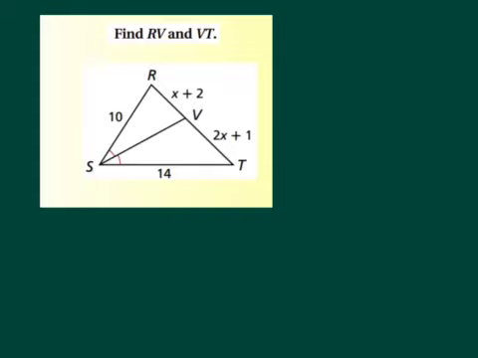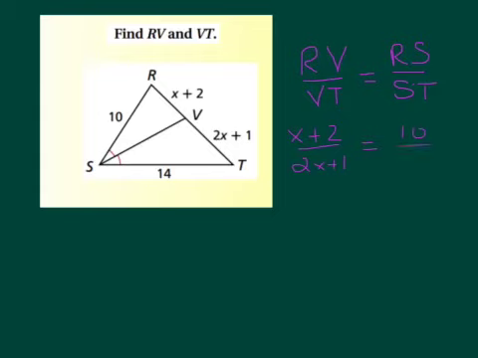We have RV over VT is proportionate to RS over ST by the triangle angle bisector theorem. So let's go ahead and plug in the lengths for each of these segments. So RV is x plus 2, VT is 2x plus 1, and that is equal to RS is 10, and ST is 14.